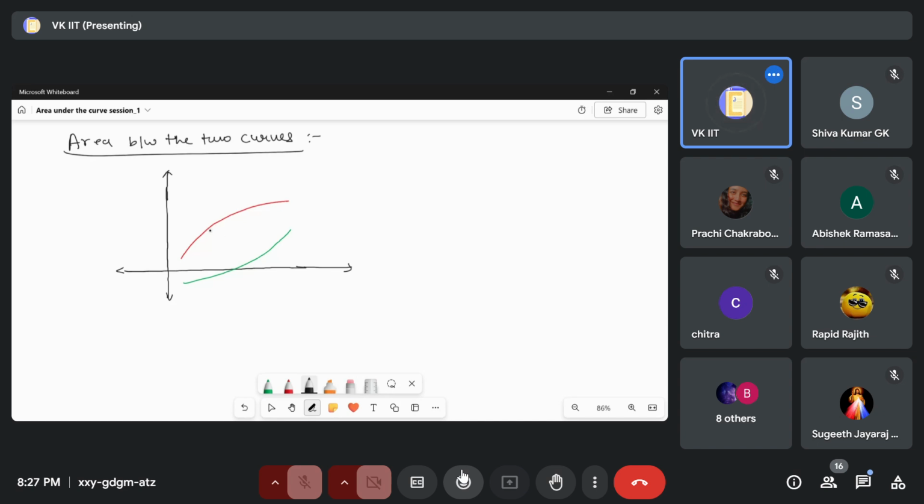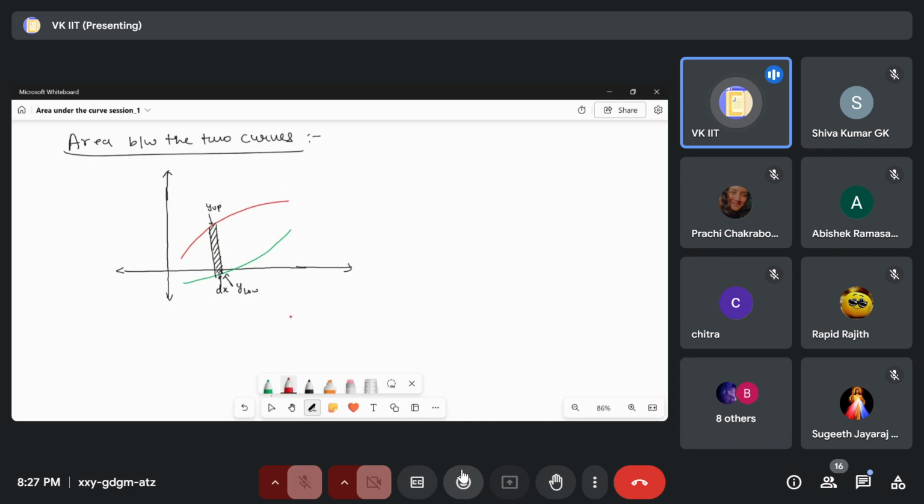But how will you find out? Let's say we take again a vertical strip. If I take a vertical strip, this will be your dx length again, and this is your y upper, and this is your y lower. Of course, these functions are given.